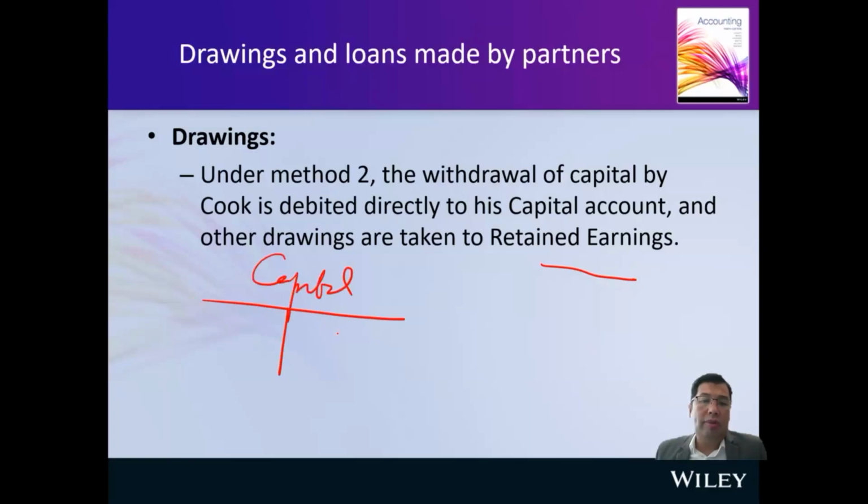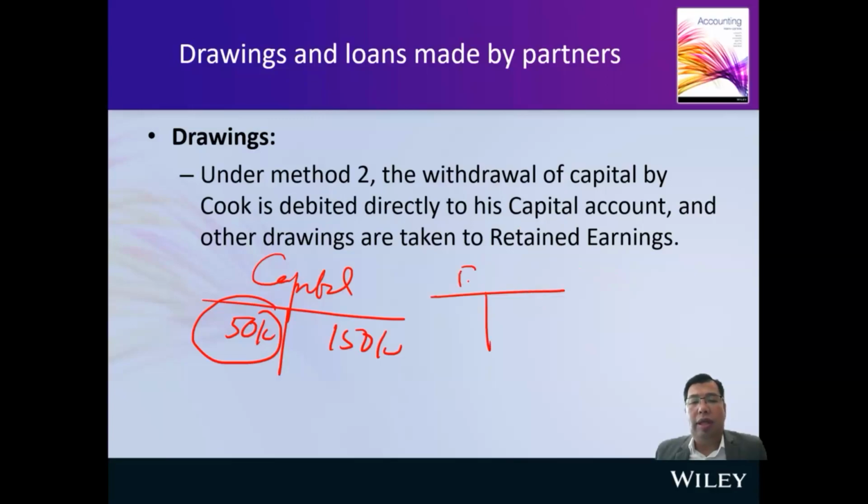For example, you contribute 150,000 and you're taking out 50,000. This will be drawing of capital. Or another way is by looking at the retained earnings. Maybe your retained earnings balance here is 5,000, and he's taking out only 1,000 from the retained earnings. So it varies. You have to read the question carefully.